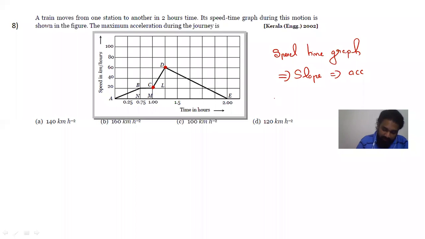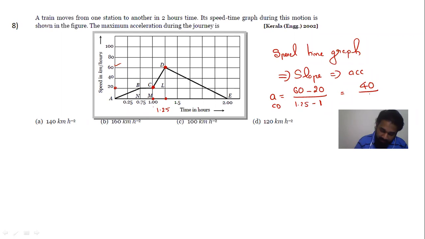The acceleration between the points C and D is 60 minus 20, divided by 1.25 minus 1. So I am getting 40 divided by 0.25, which is 160 kilometers per hour squared. So I am getting option B.